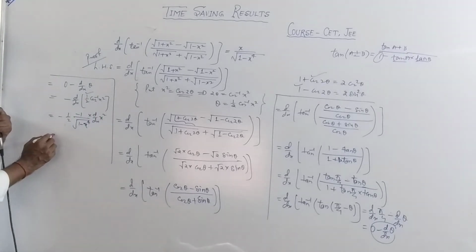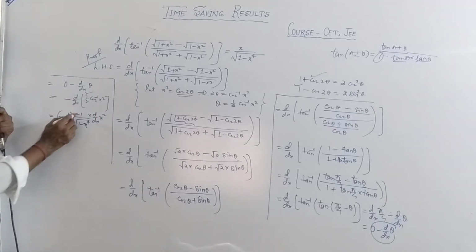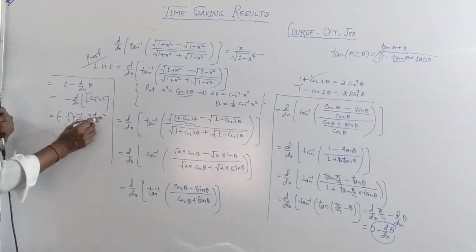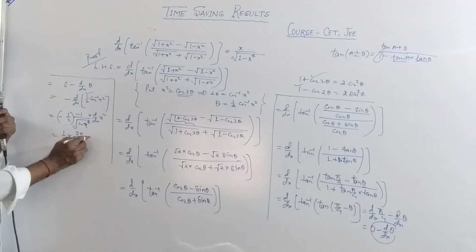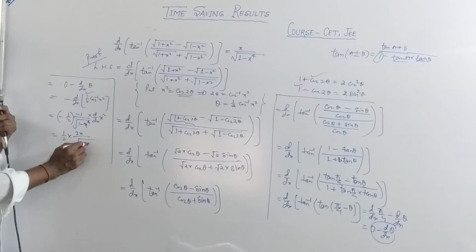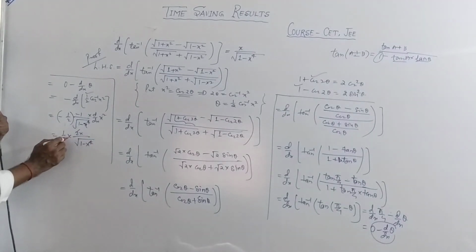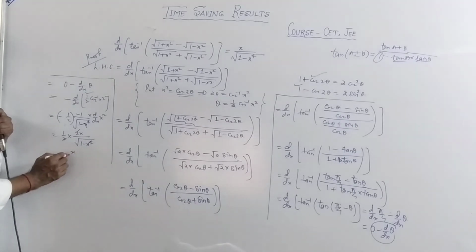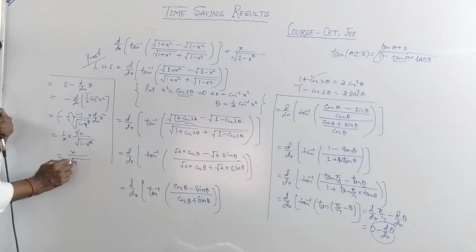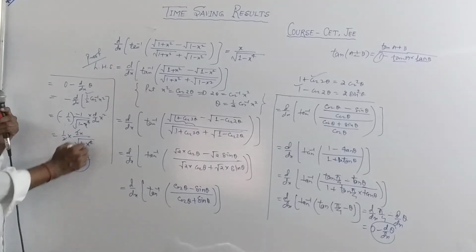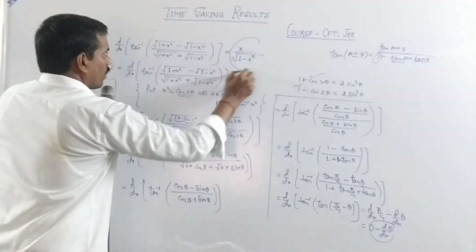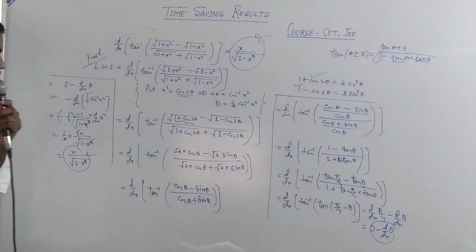Okay, and this is equal to minus into minus plus 1 by 2, derivative of x square is 2x upon under root of 1 minus x to the power 4. Okay, 2 and 2 get cancelled. We have x upon under root of 1 minus x to the power 4. This is our final result.